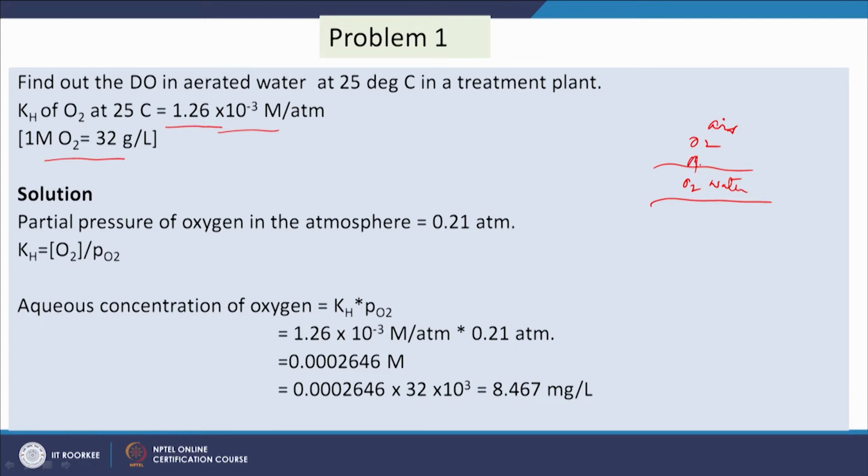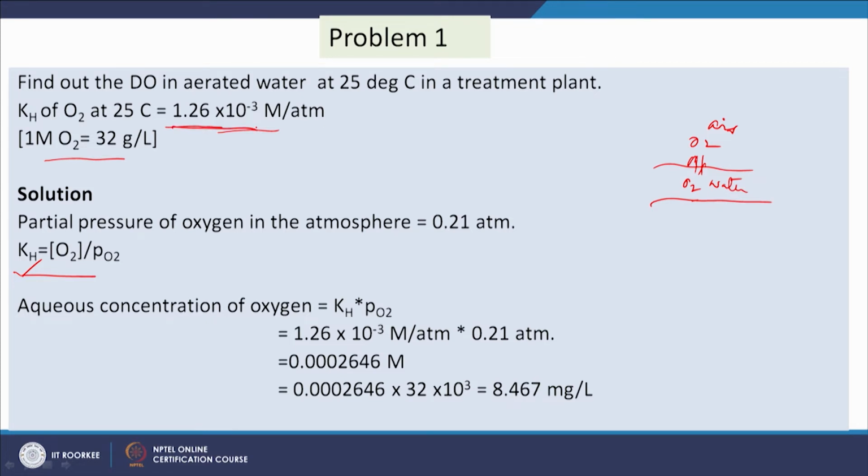These are in equilibrium, and the equilibrium concentration of oxygen in the water phase is defined by this formula: Kh is equal to the concentration of oxygen in the aqueous phase divided by the partial pressure of oxygen in the air, where the water is in contact with the air. So this Kh is nothing but Henry's constant.